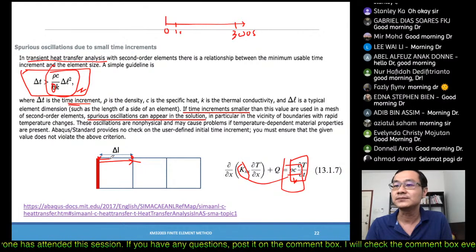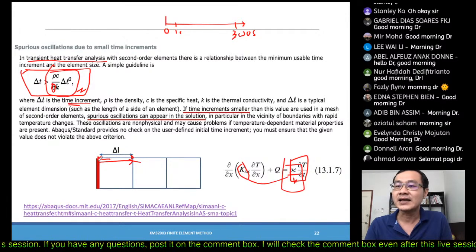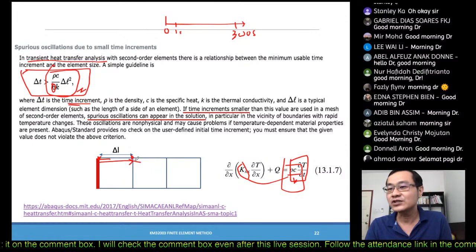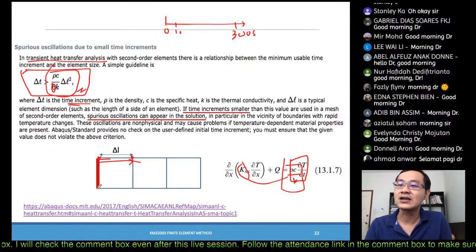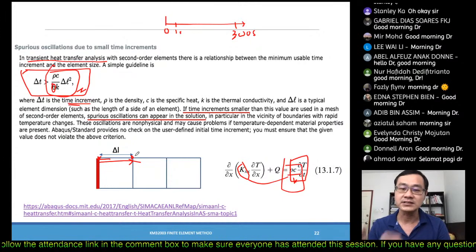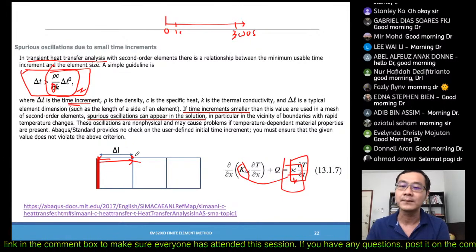When the temperature is calculated according to time, it doesn't reach this point, therefore it stays on this point. It increases, then when it reaches the other point, this one suddenly decreases and so on. So there is this kind of oscillation problem.